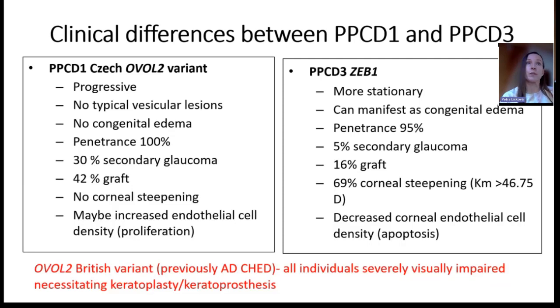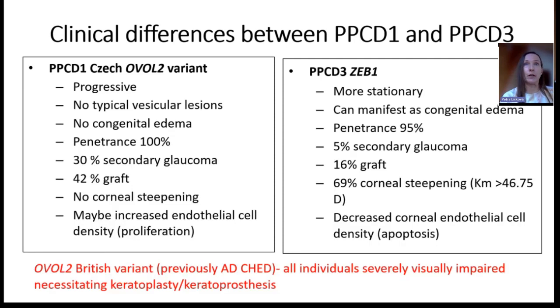PPCD1 has 100% penetrance, so all individuals that carry the disease-causing mutation have the disease. We also observed secondary glaucoma in approximately 30% of these patients, which can be very difficult to manage. 42% necessitate grafting. When we perform Pentacam or any keratometry, there is no corneal steepening.